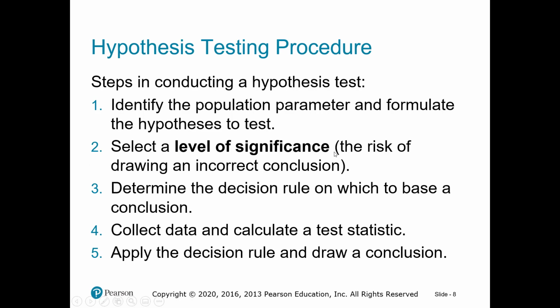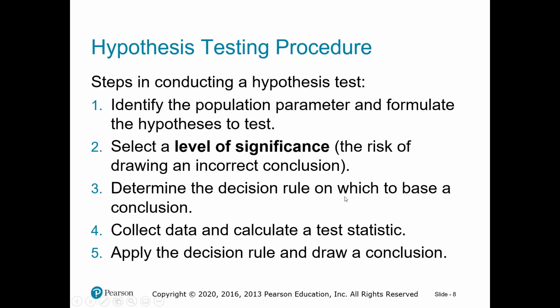We select a level of significance. So this is the type 1 error. We're basically setting the strength of the test based on how much type 1 error we're willing to have. And we'll talk about this more technically in terms of alphas when we do the actual tests.